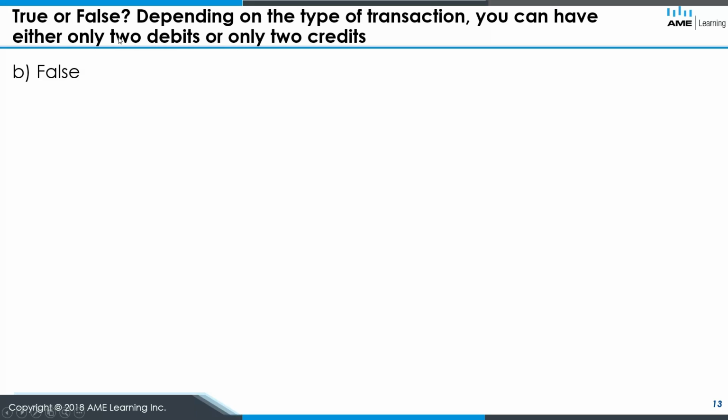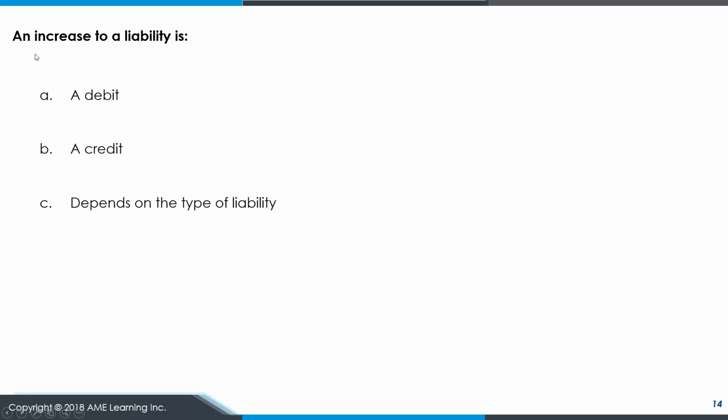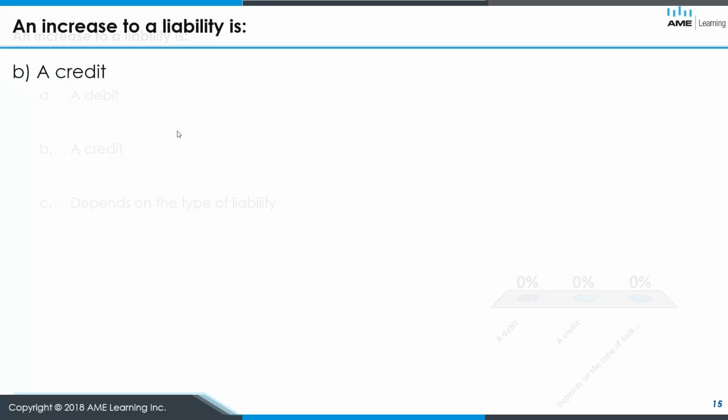But what you keep in mind, despite a slightly confusing question, is that the total of all the debits and credits for any given transaction, that is to say, the total of all the increases and decreases, have to balance. So that's the rule to remember. An increase to a liability is a credit, so it increases on the credit side, which is the right side.